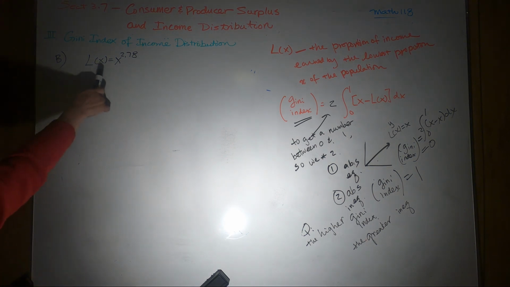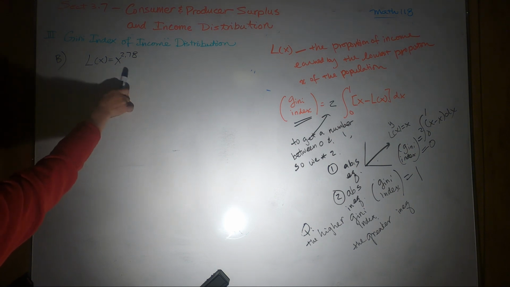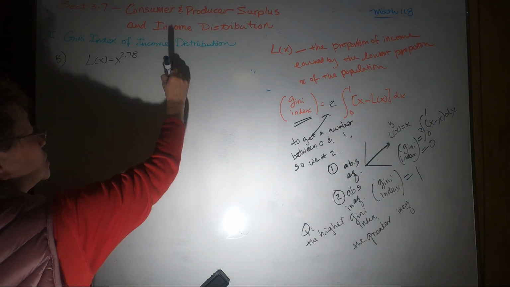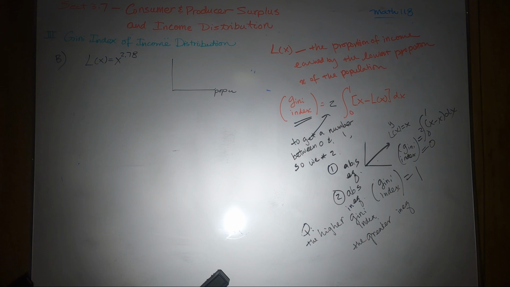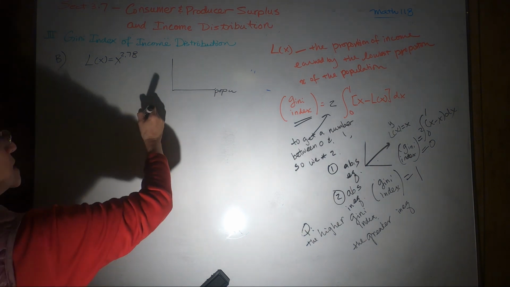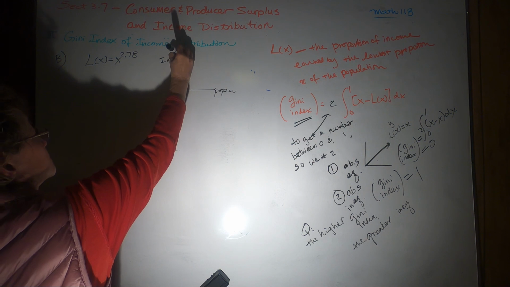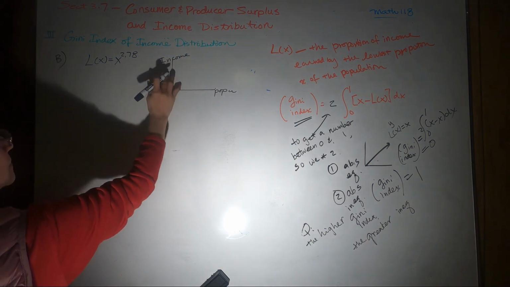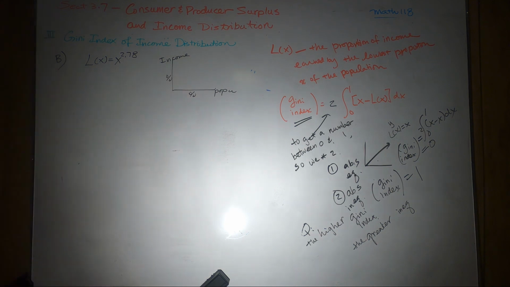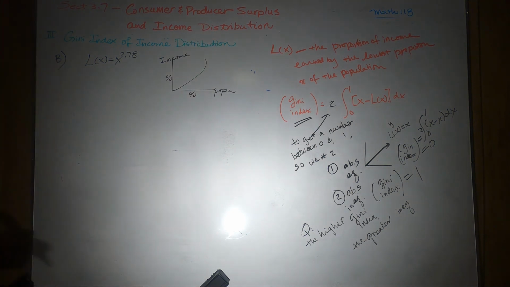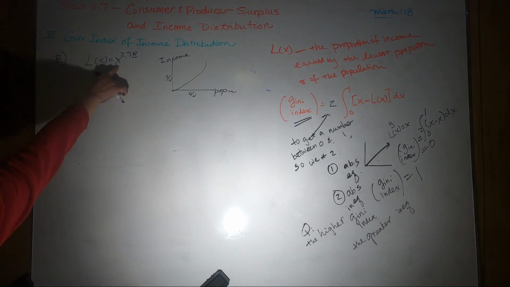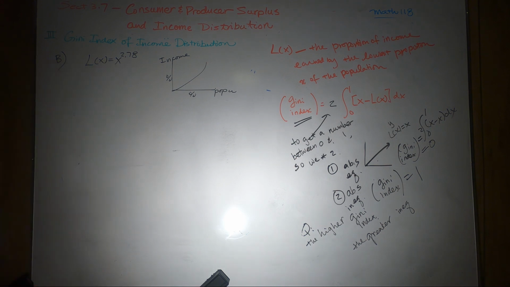Some economists studied the population against income, comparing population to income by percentage. When they did the study, they found the curve is that way, almost like an x squared, like a parabola.